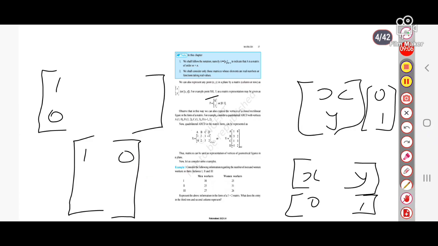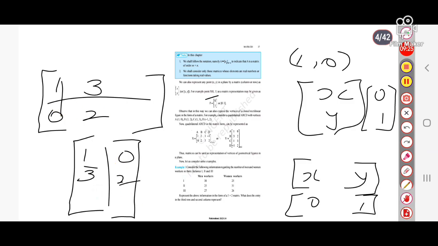In column, representing like this, the values 1 comma 0, in column it will be row wise, and in row it will be column wise. That's it. See, 1 0, 3 2 will be like this, over here it will be like this. This is for row, this is column wise. That's it. This is the general representation of the matrix by the given numbers inside these brackets, right?